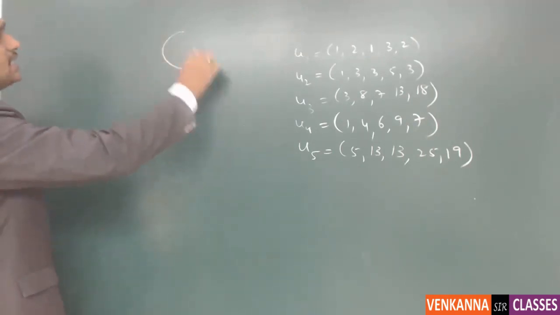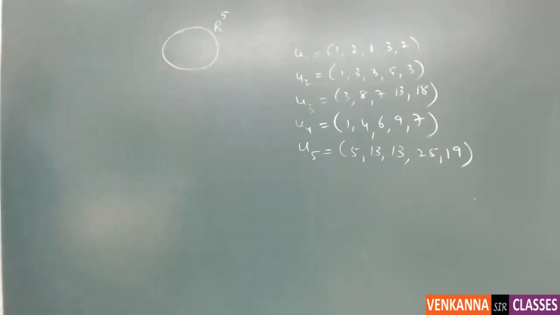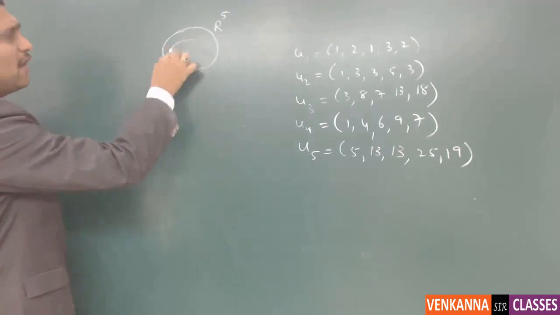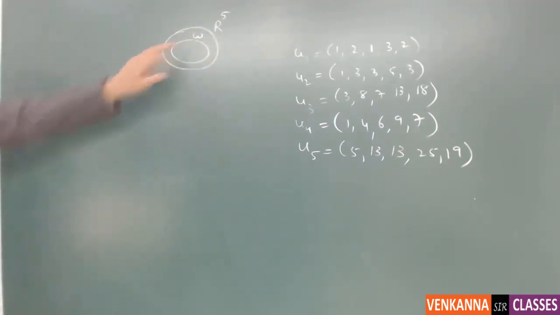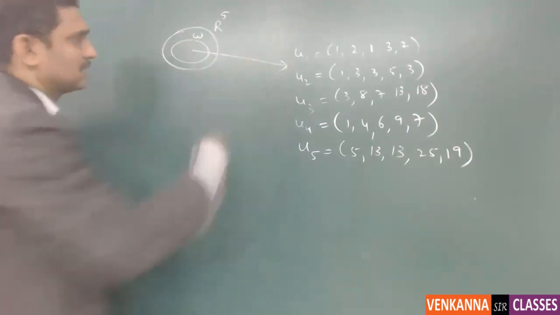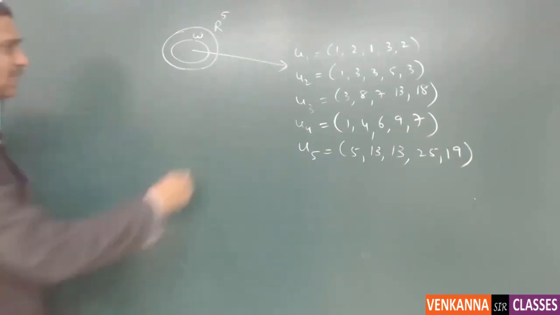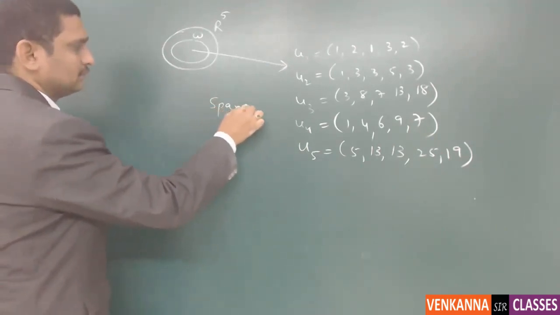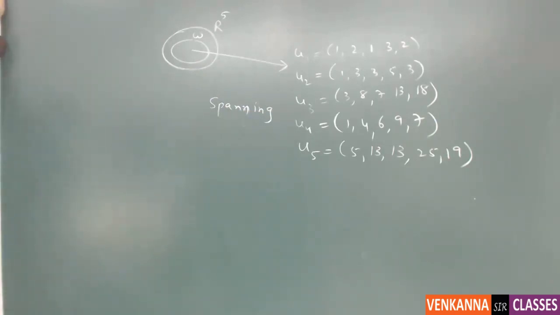I have considered the vector space R power 5, in which I have taken a subspace W, and W contains these 5 vectors. By default, assume that these 5 vectors are the spanning set of W. If I ask you to find a basis for W, what do we usually do?